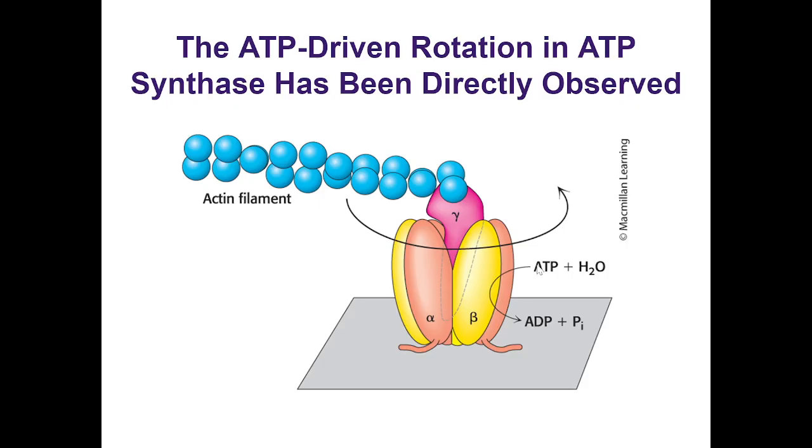We want to see what this does in the presence of ADP and ATP, right? And so our actin filament is attached. We feed ATP. We get ADP out, right? Why would we get ADP out? Which is higher energy? ATP, right?